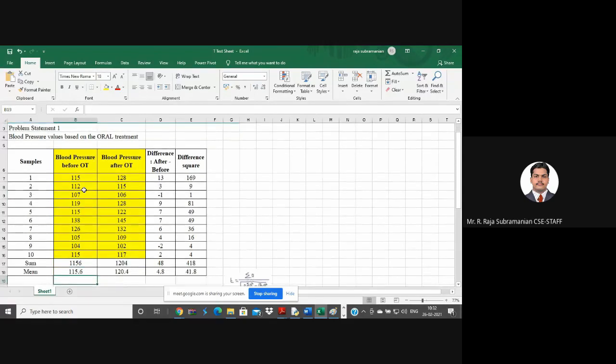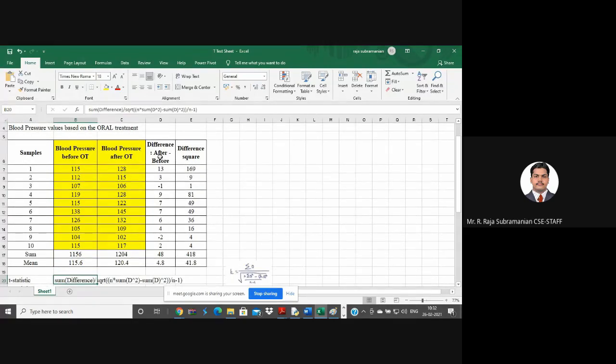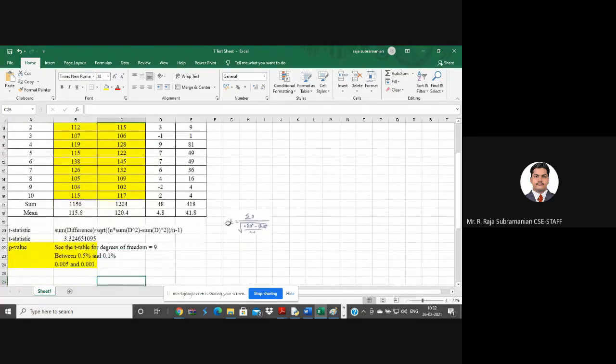If this is given, what are the steps you have to do? Find after minus before, then square the difference, find all the sums and the mean, and apply them in this formula. The formula is also pasted here: summation of d divided by square root of n times summation d squared minus summation d whole squared, divided by n minus 1, the whole square root. I have taken the standard deviation formula: the sum of differences divided by the standard deviation of the differences.